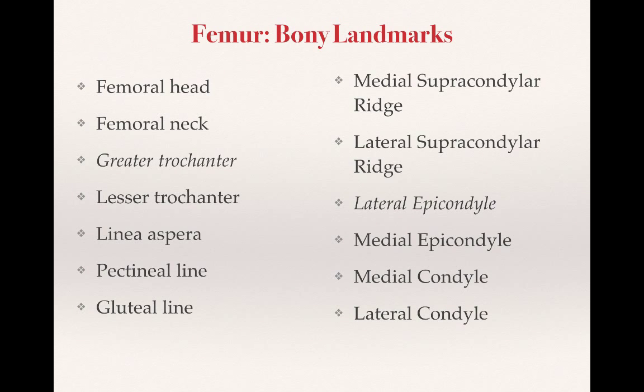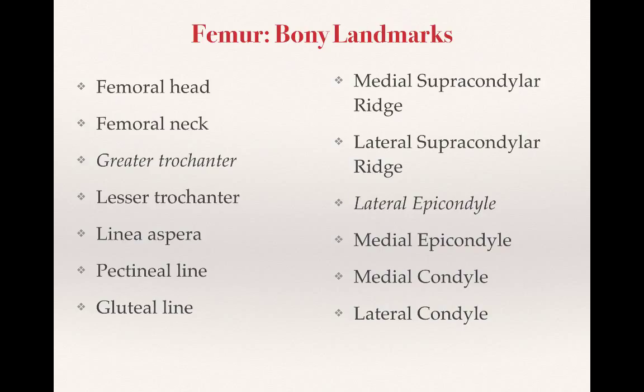There are a few more bony landmarks with the femur, but again, the italicized ones are the ones that you'll need to know for goni. However, all of these are going to be important because they are origins and insertions of muscles that move the hip or the knee joint.